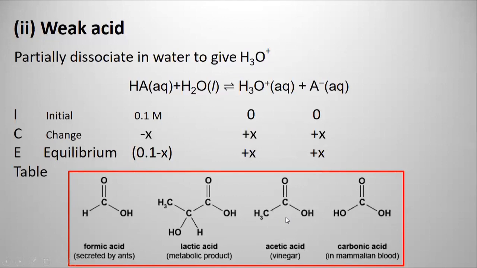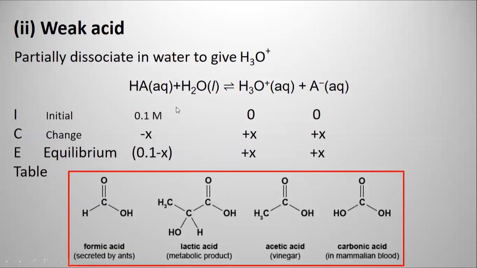So the vinegar that we use at home to add to the salads and things like that is, again, acid. But it's a very weak acid because we only use 6%. And then we have carbonic acid, which is, as you can see, basically carbonated soda, or carbon dioxide and water. You'll get carbonic acid. So as you can see, these are weak acids, which means they're going to follow this trend. They're going to dissociate through this trend.